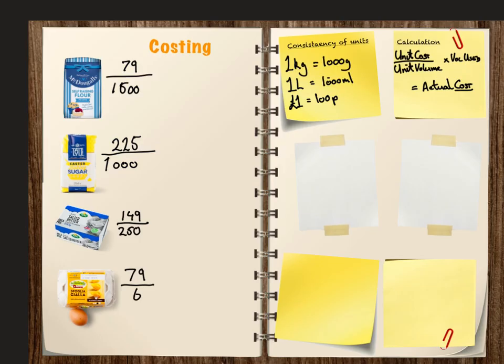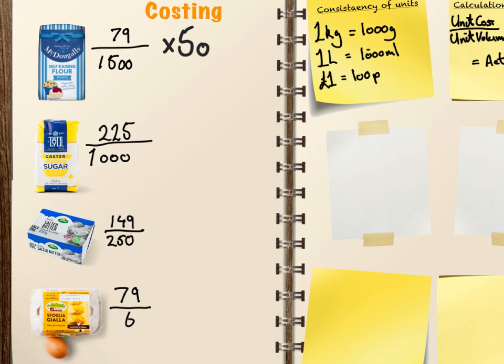To calculate the actual cost, we need to multiply these by the volume used. We get the volume used by looking at the recipe, and it's 50 grams.